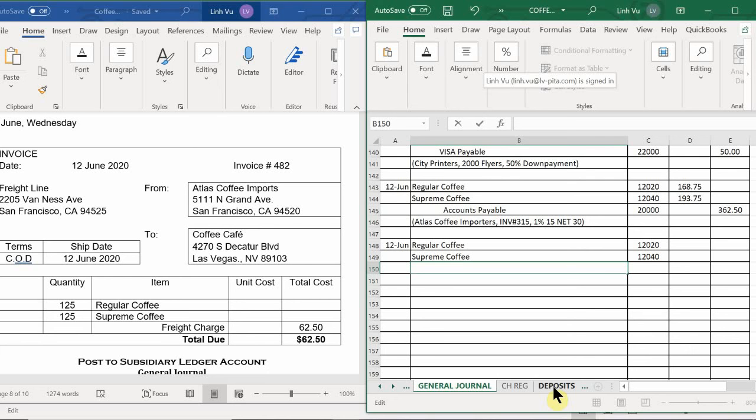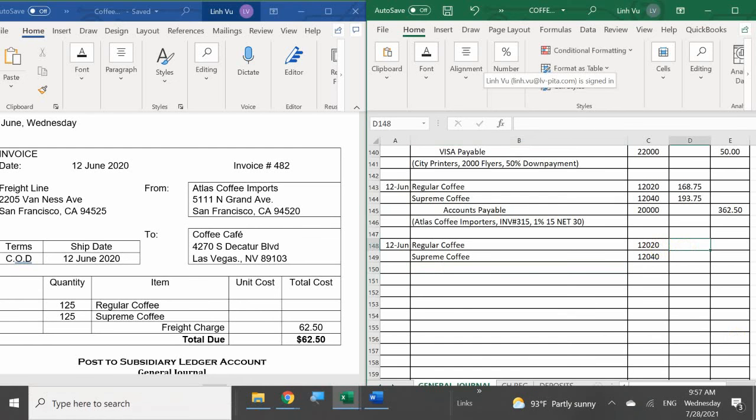So if I'm dividing it in half because it's based on weight, how much am I going to distribute to my regular coffee and how much to my Supreme coffee? $31.25. I could take my 62.50 divided by 2 and I get 31.25.